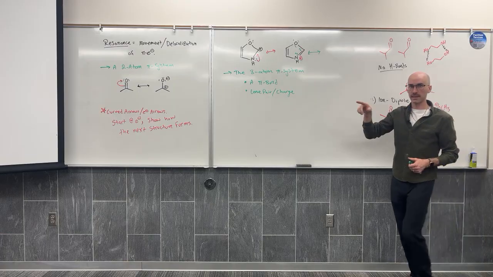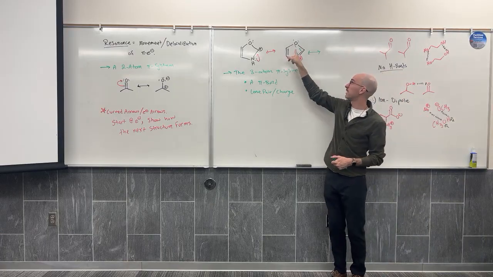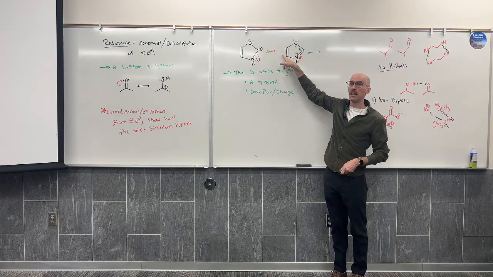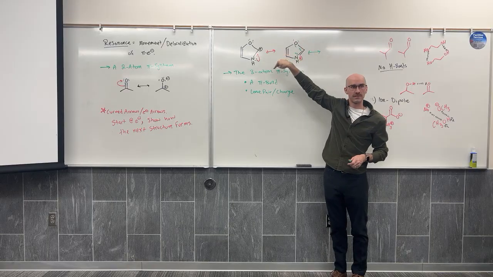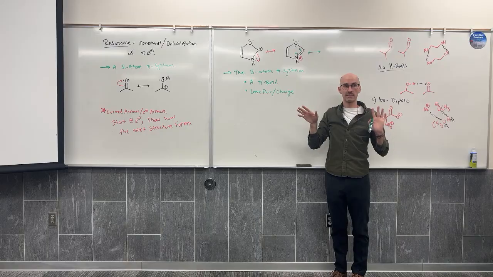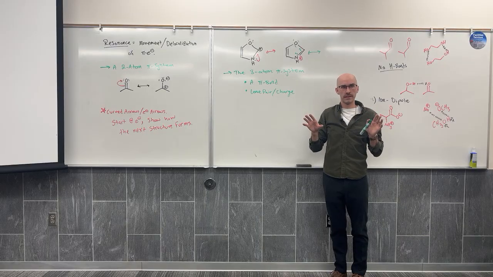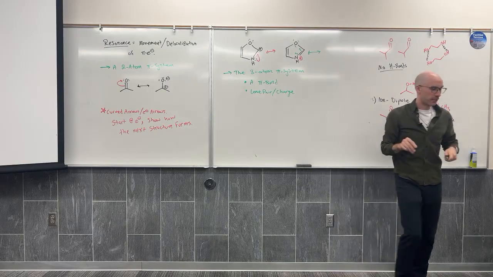I think you guys might agree that there's another pi system if we go in the other direction, a pi bond between 2 carbons and a lone pair on oxygen. There's a lot more resonance in this molecule than the ones I'm going to show you. But this is an example of that 3-atom system.